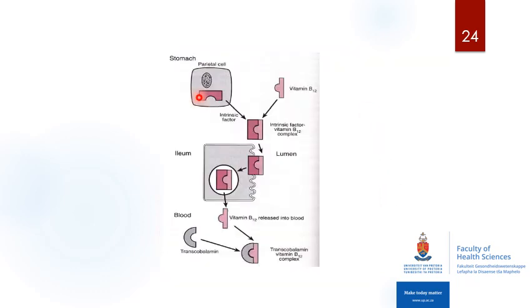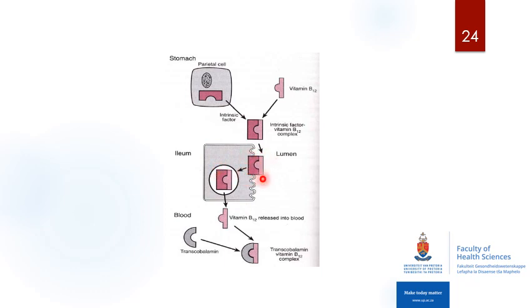For vitamin B12 to be absorbed in the body, you need a factor that's known as intrinsic factor. Intrinsic factor is produced by your parietal cells in your stomach. When you produce this intrinsic factor, it binds to the vitamin B12 that you've ingested, and then your vitamin B12 can be absorbed in the ileum.